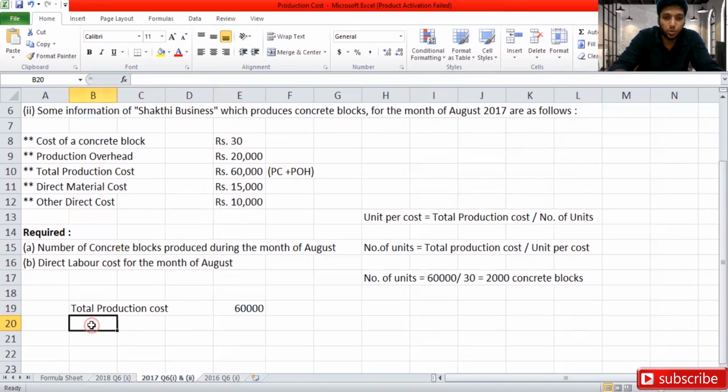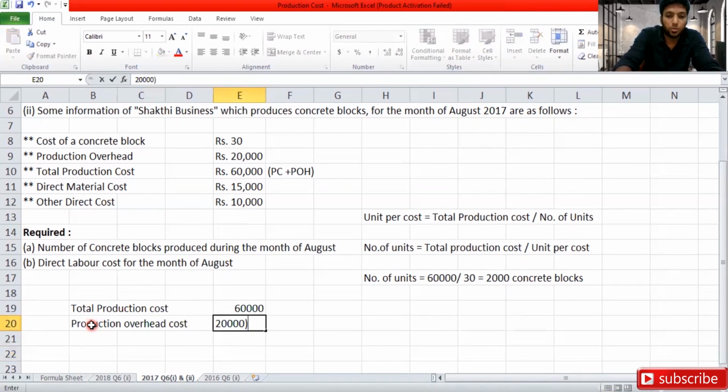Production overhead cost is 20,000, so I put a bracket. I'll get an answer of 40,000. So this is the prime cost we have.